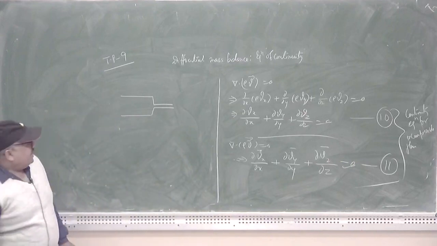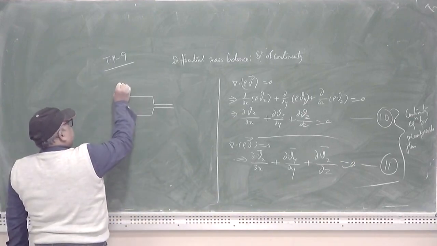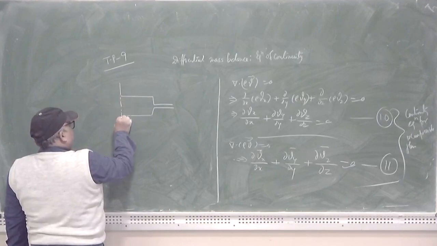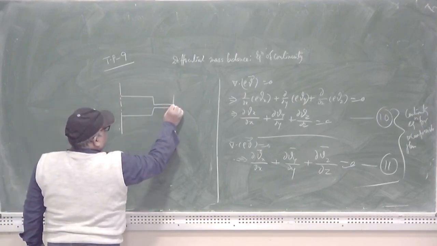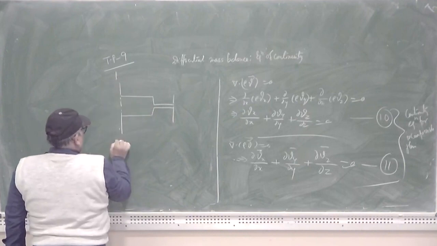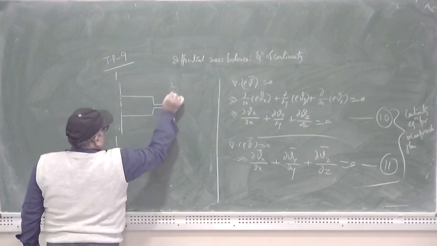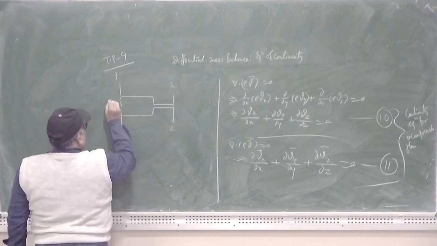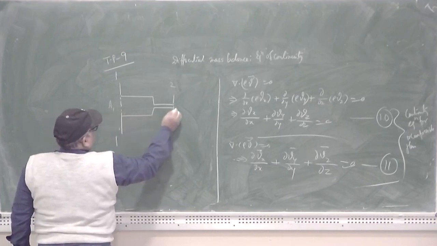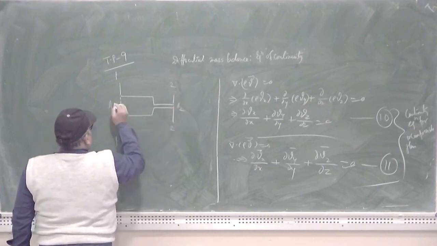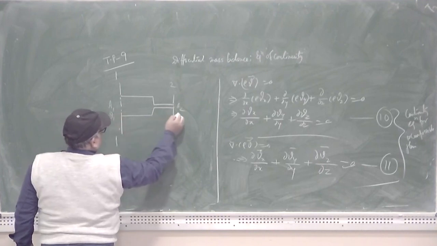Let us assume this section as section 1-1 and this section as section 2-2. Here the area is A1, here the area is A2, here the velocity is V1, and here the velocity is V2.